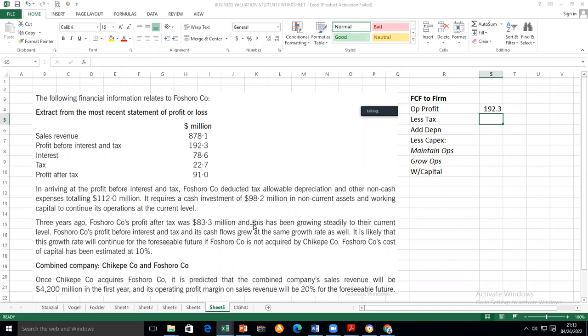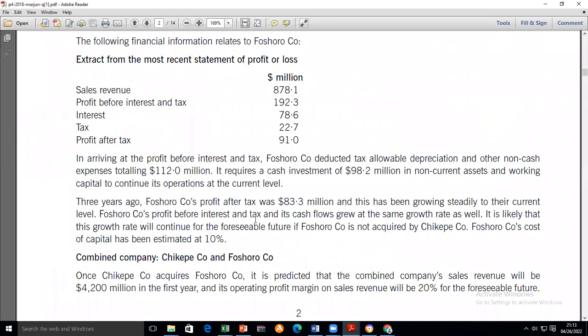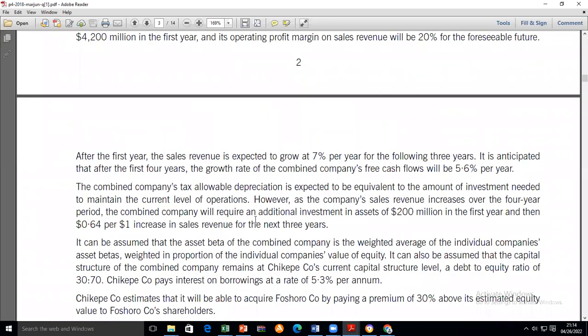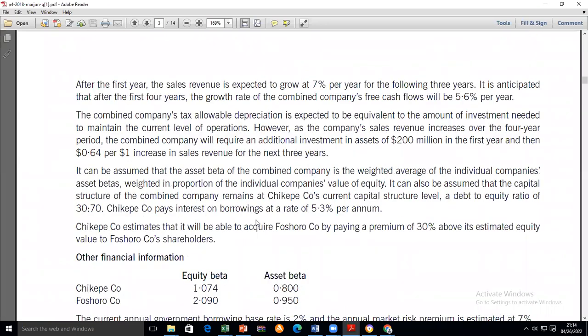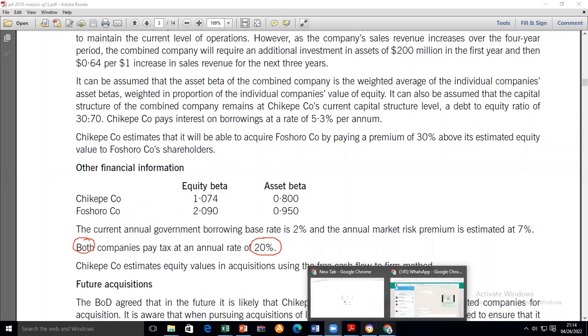What is the tax rate that is applicable in this particular question? 20%. Good. So that's it. The tax rate that is applicable to both questions, to both companies.